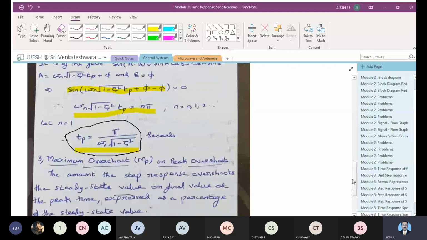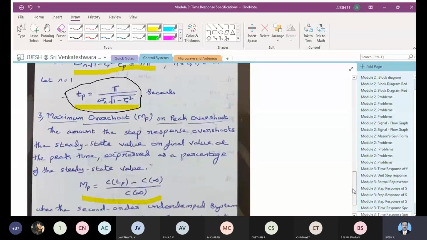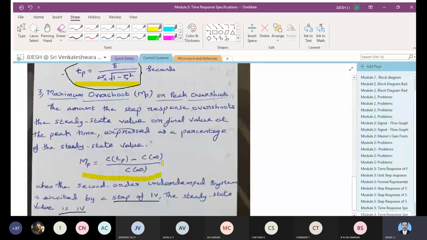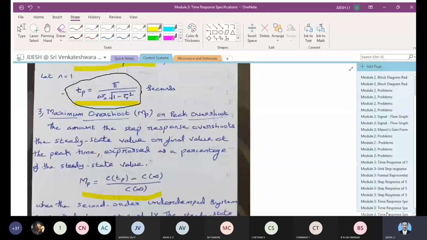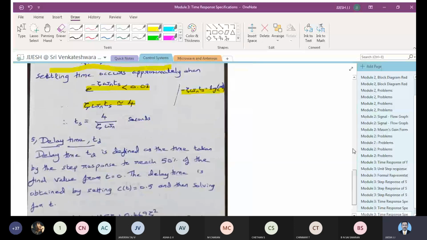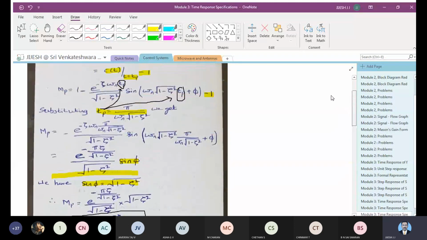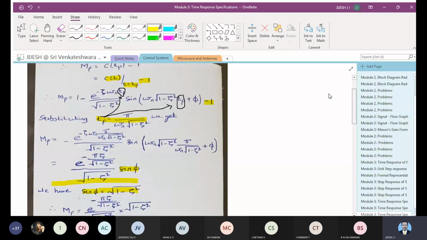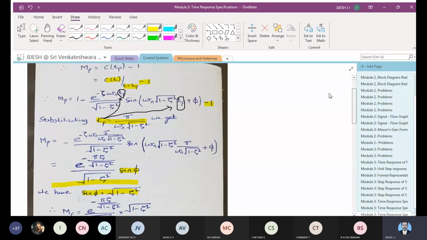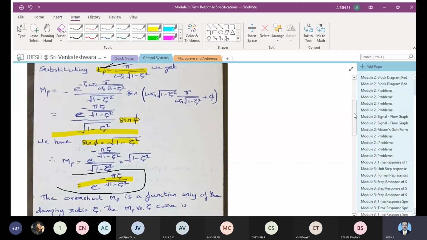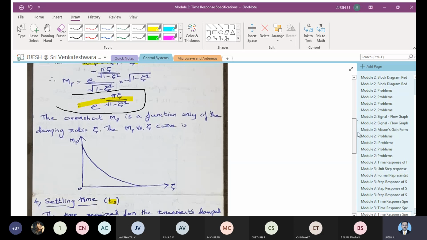Then we did the maximum overshoot or peak overshoot, denoted as MP. We wrote MP in terms of C of t minus 1, substituted C of t, simplified, and got MP equal to e to the power of minus pi zeta by root of 1 minus zeta square.